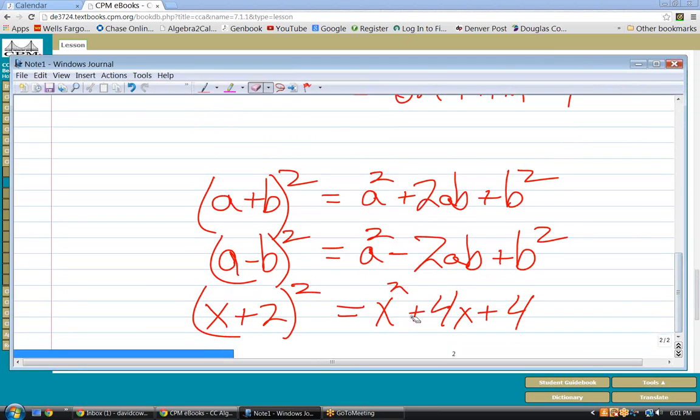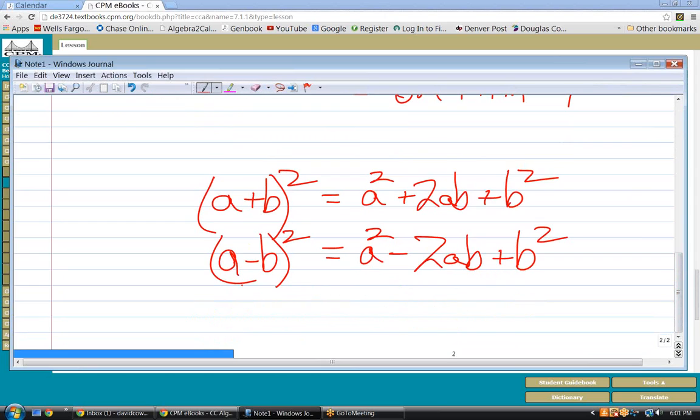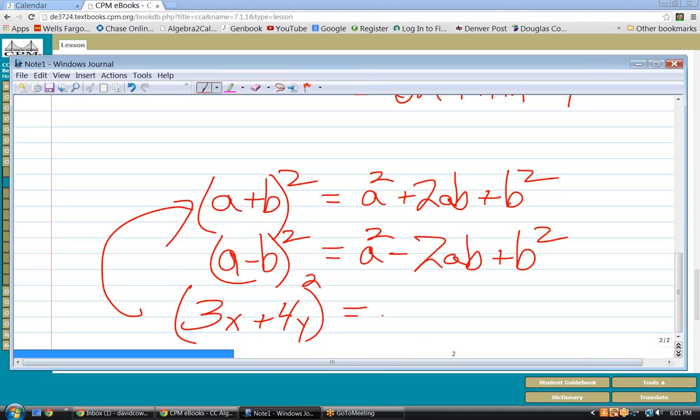And they get more complicated if I wanted to know how to do this. Use the same model, only A is 3x and B is 4y. So what do I get? 3x, no, 9x squared.